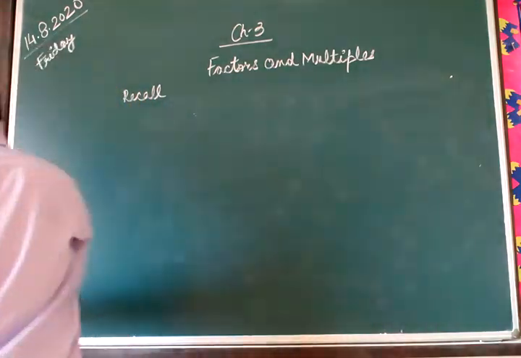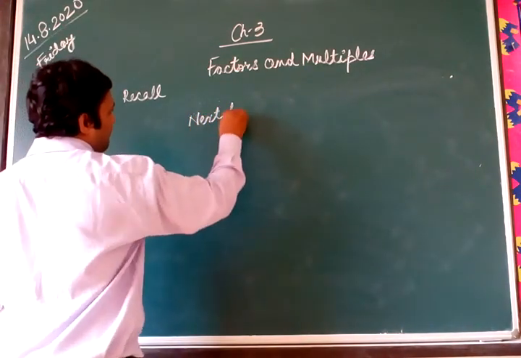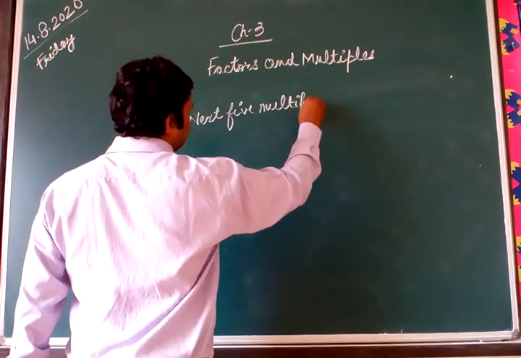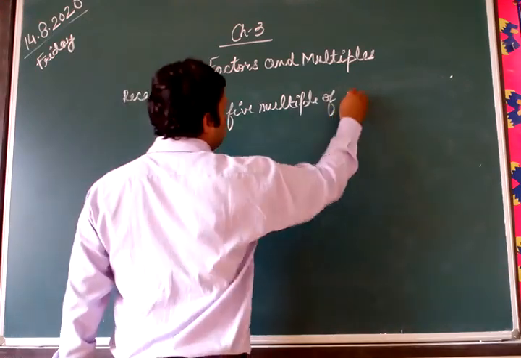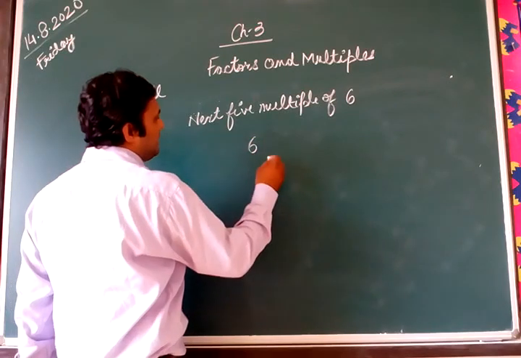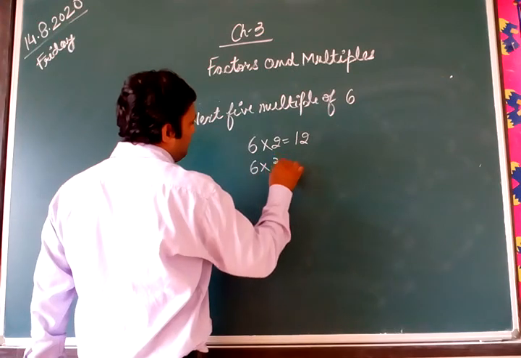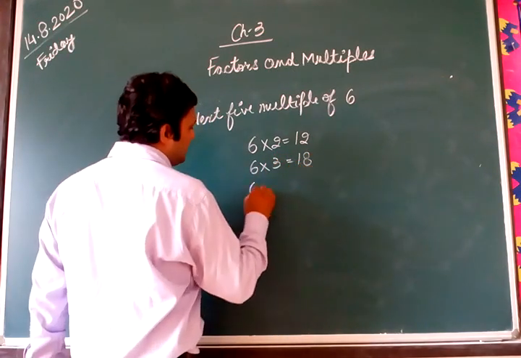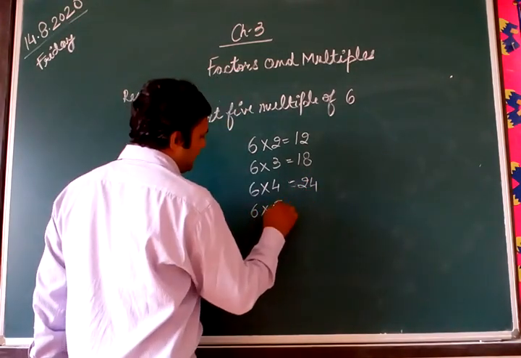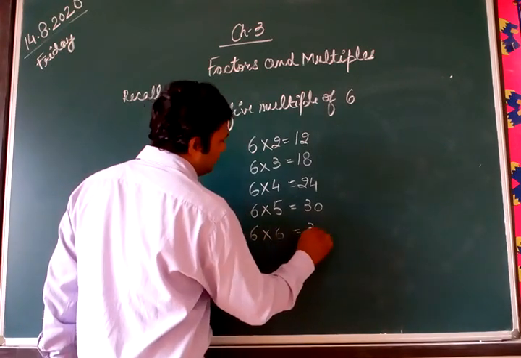Another question of the recall exercise is to find the next 5 multiples of 6. 6 multiplied by 2 is 12, 6 multiplied by 3 gives 18, 6 multiplied by 4 gives 24, 6 multiplied by 5 gives 30, and 6 multiplied by 6 gives 36.